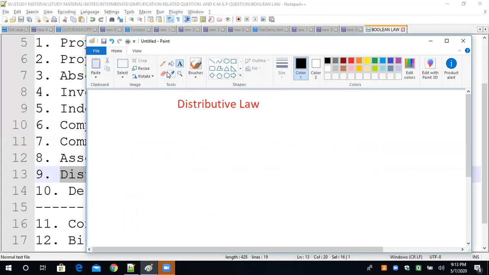Okay. A plus sign, outside the bracket B dot C. This is basically the law.